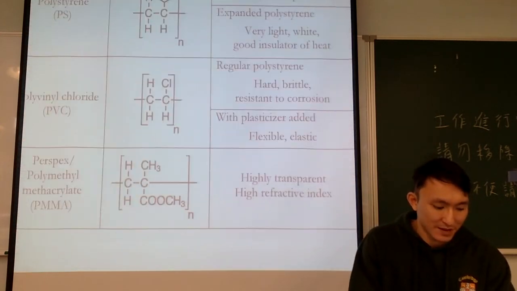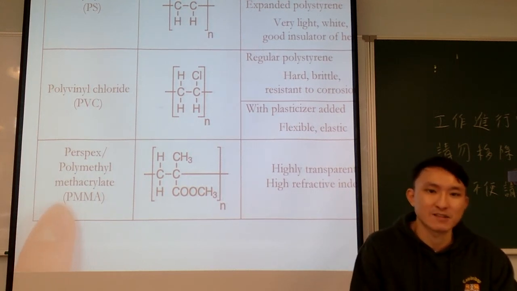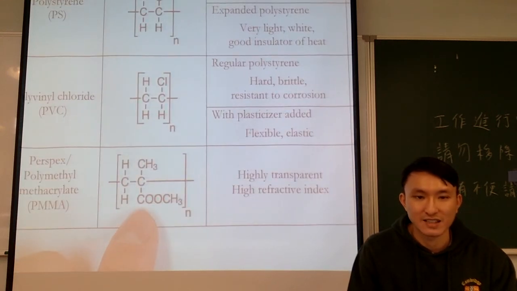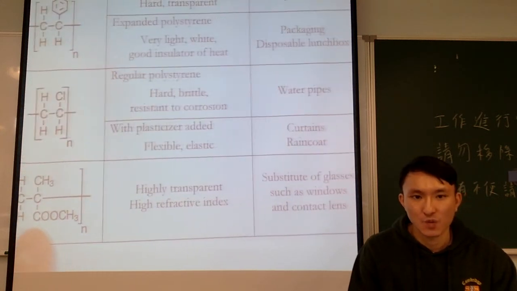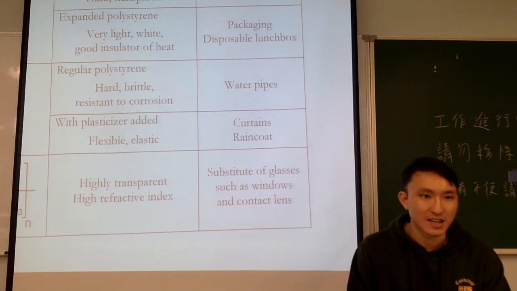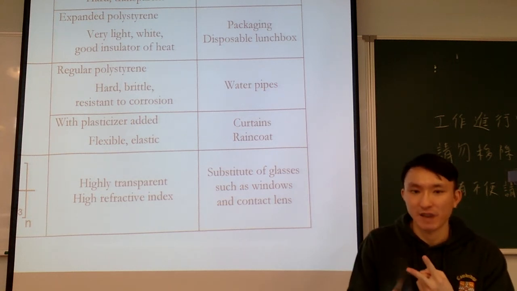Now here, Perspex, or polymethyl methacrylate (PMMA). This is what we usually call plastic glass. Traditional glass has a couple of disadvantages: it is heavy and very brittle, very easy to break.